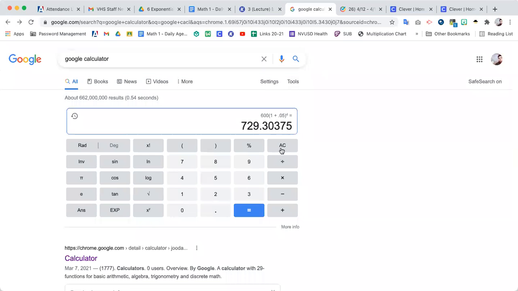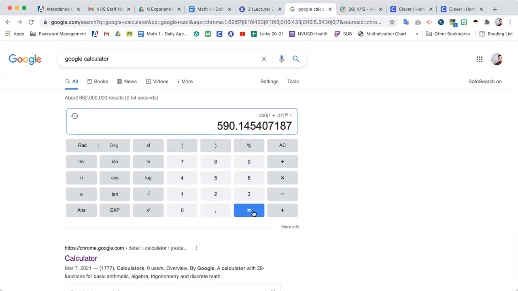So 300, and then we have parentheses, 1 plus 0.07, close the parentheses. And then our exponent, remember this button right here, exponent is 10. So starting with $300, after 10 years, we will have $590, and then we're going to round up to 0.15.